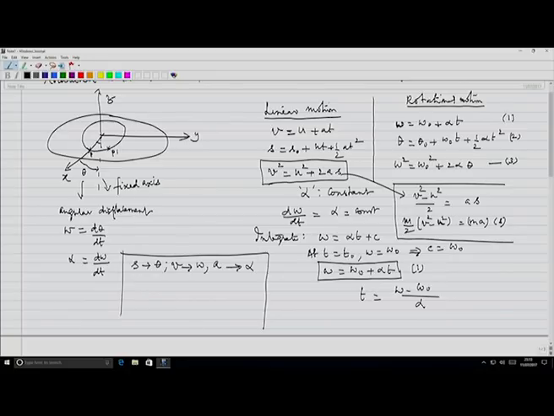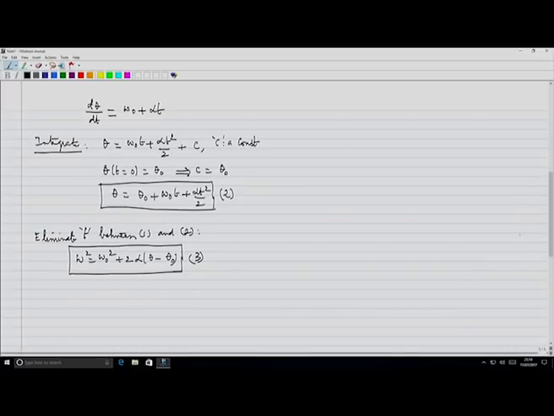This is the drop in kinetic energy, and that must go as the work done on the particle by the force. M into a is force, into distance. So this is the so-called work energy theorem. We are going to come across the rotational analog of this a little later.